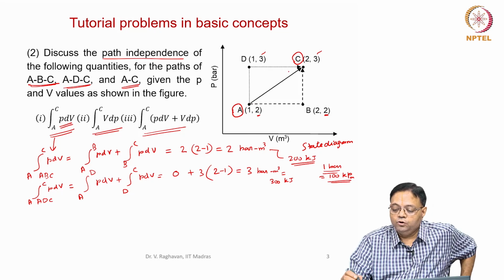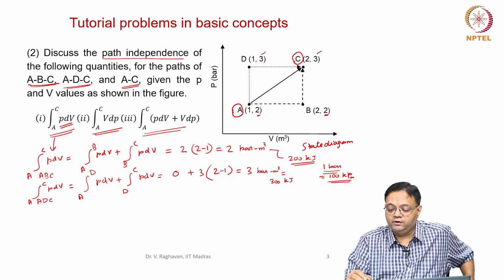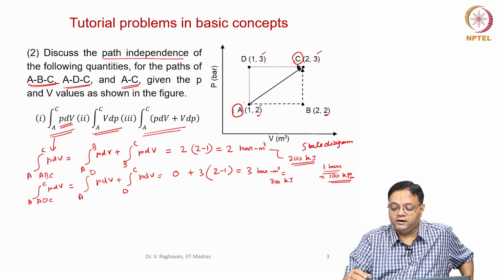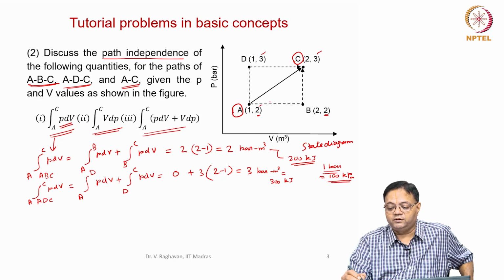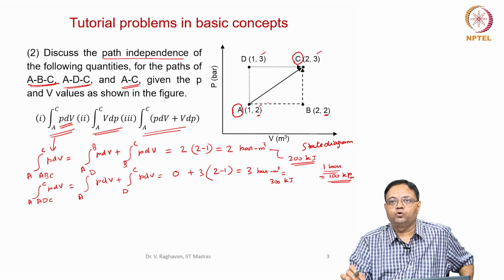Obviously, A to C also you can do and see. What happens here is there is a pressure variation from 2 bar to 3 bar, but it is linear. So, average pressure in this will be 2 plus 3 by 2, that is 2.5 bar. So, I can say 2.5 into 2 minus 1, that is 2.5 bar meter cube or 250 kilojoules.